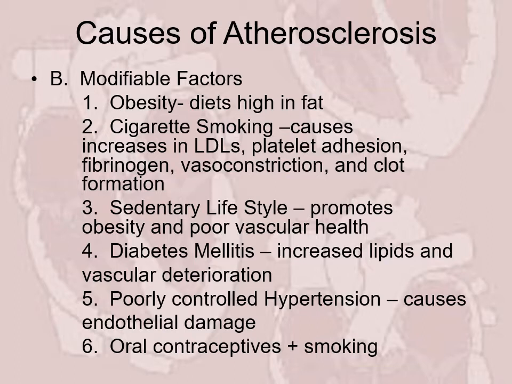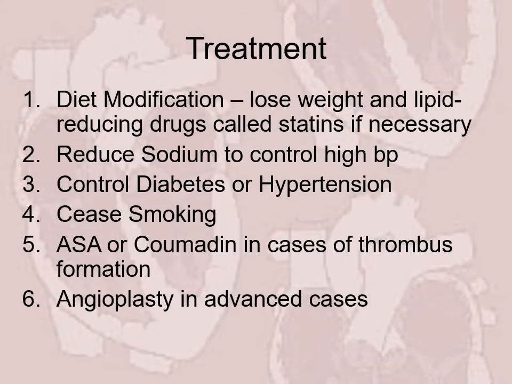And a combination of some oral contraceptives and smoking can increase plaque formation. So treatment: diet modifications, lose weight, and if necessary, there are a number of lipid-reducing drugs called statins if you have to. Do your research before you get started on any of these.